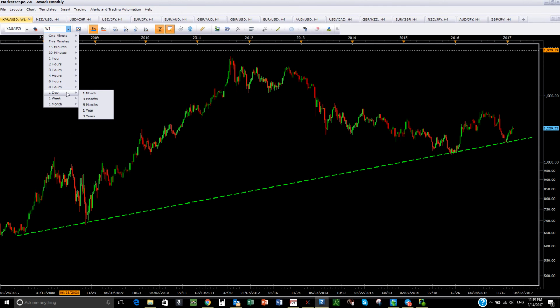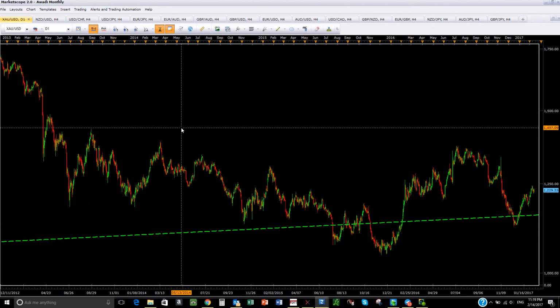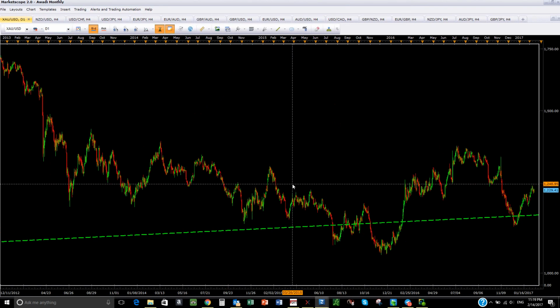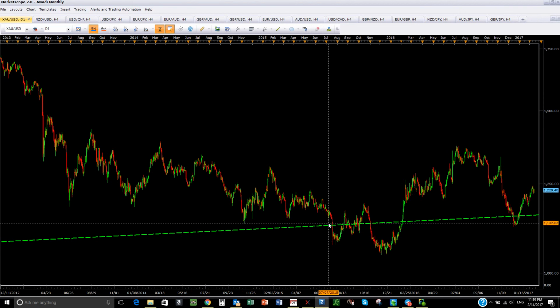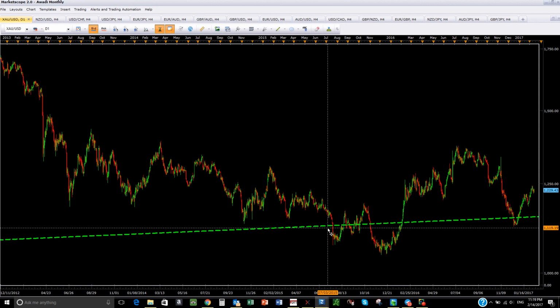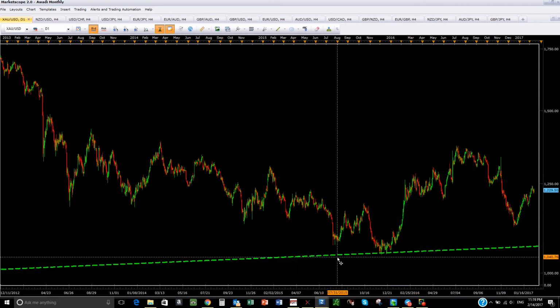So I will display the daily chart for 3 years. I don't know what happened with this FXEM. Since I drew the support, it automatically goes to the lower time frame, changing the position of that support.